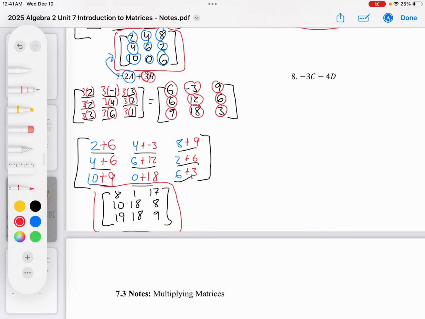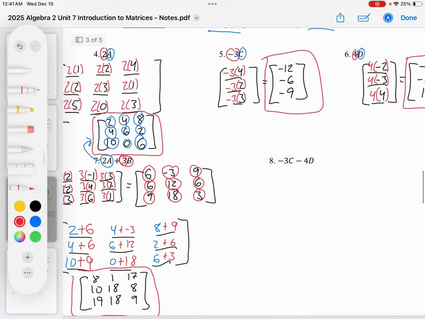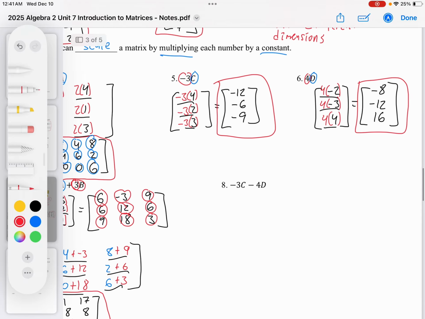So we do have one more problem, that is number 8. Luckily for us, for number 8, we already have both of the matrices that we need. We did -3c for number 5, and then we did 4d for number 6.